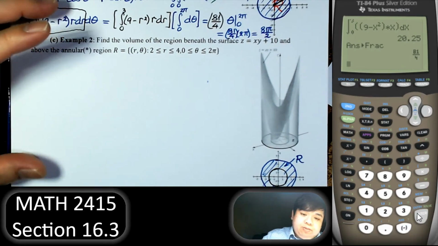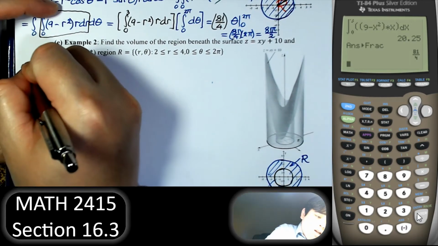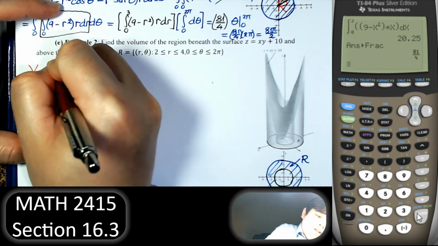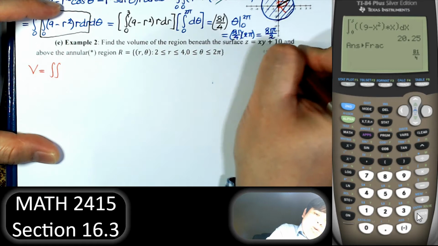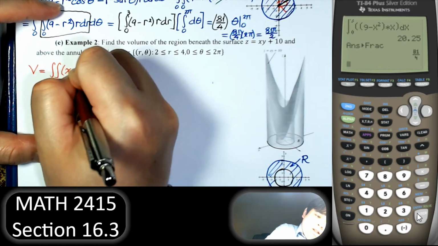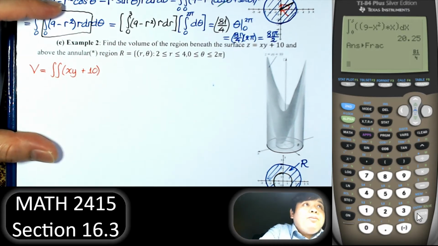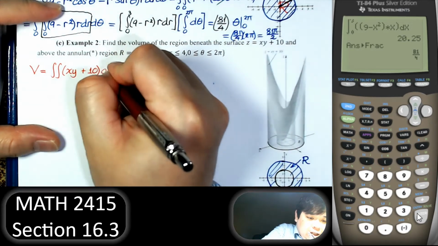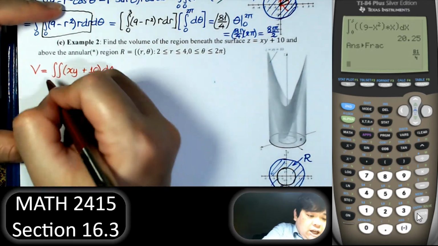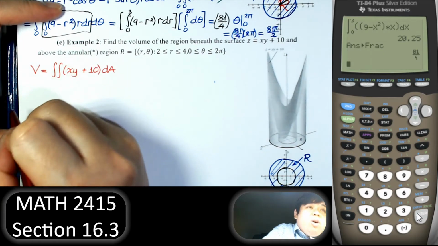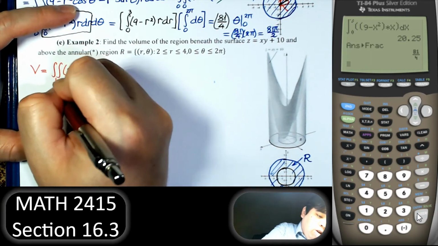Now find the volume. First of all, if we write the volume, we're going to use the function xy plus 10 dA. I can write R here, or even better, more descriptive, I'm going to draw the donut.